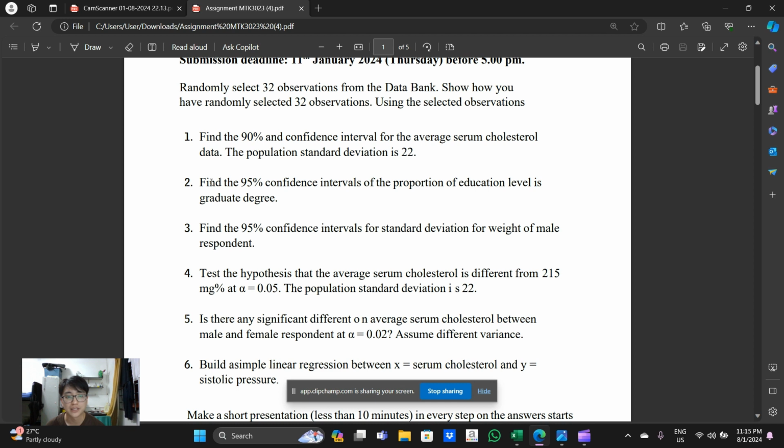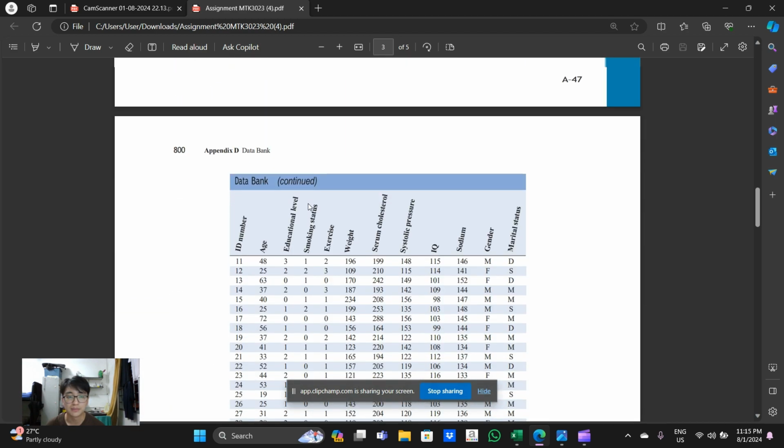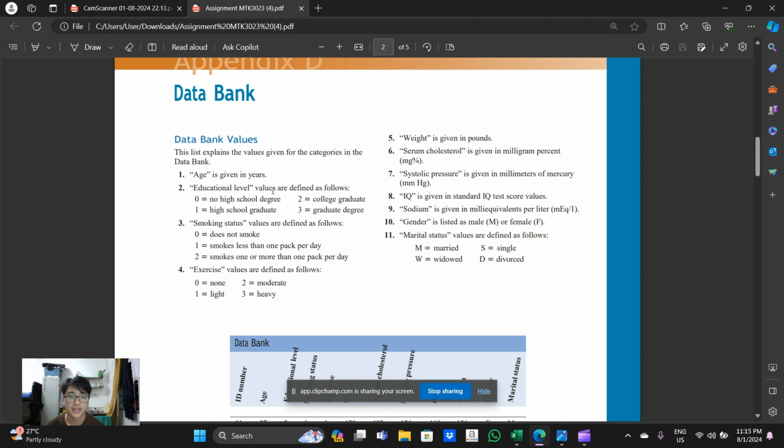Find the 95% confidence interval of the proportion of education level that is graduate degree. If we scroll down to the bottom part, you can see that the education level values are stated, where 3 is the one stated as graduate degree.